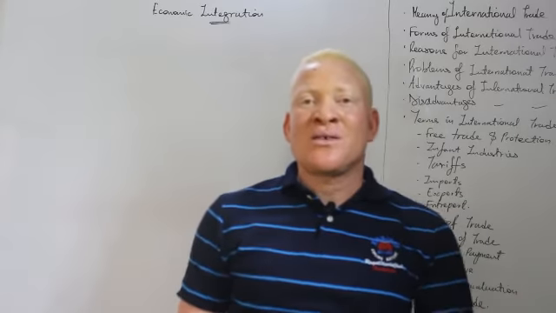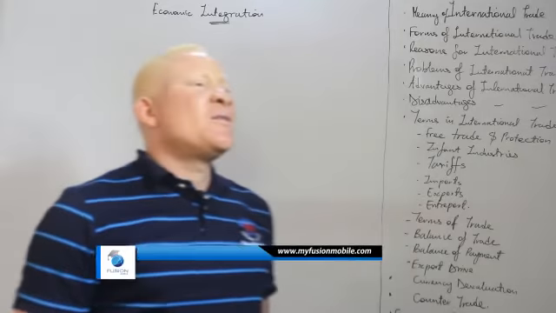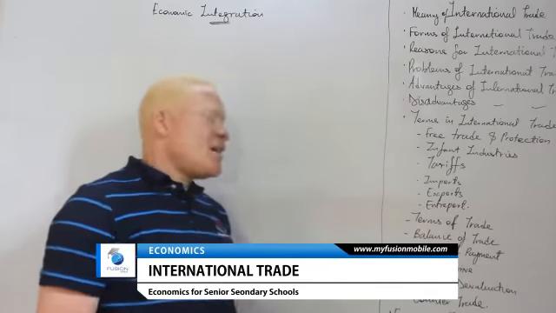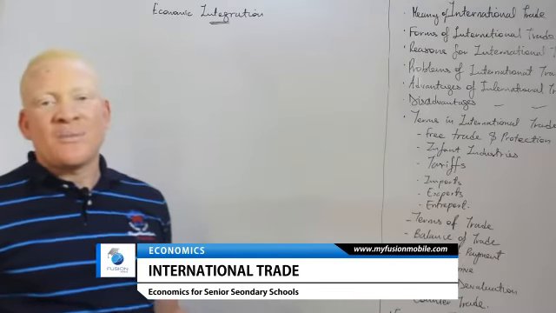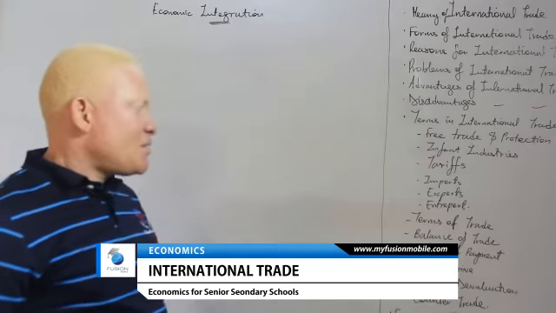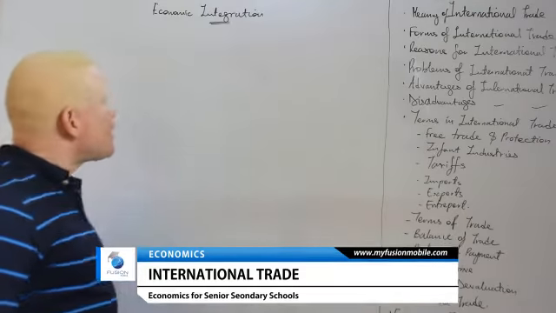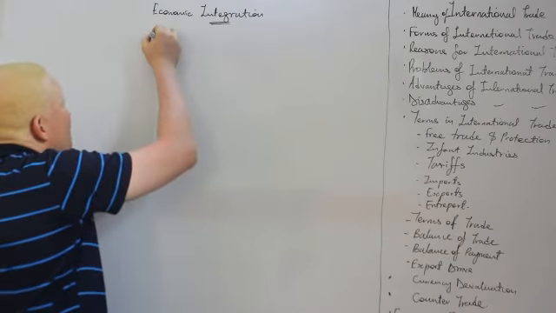be developmental policies or currency policies or tariff plans. So any of them that they have come together and have decided to bring down certain things and relax it for the member nations, that is what we refer to as economic integration. In this case, economic integration is of four forms.